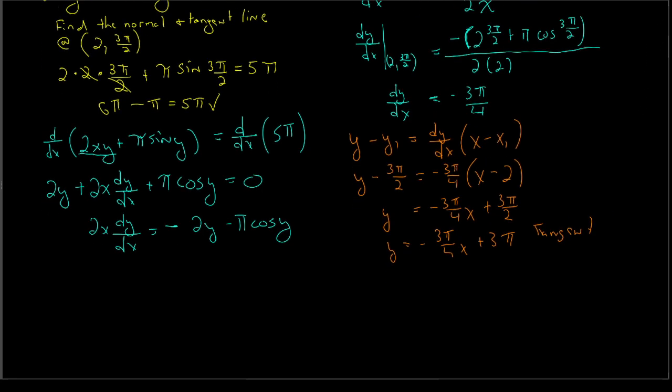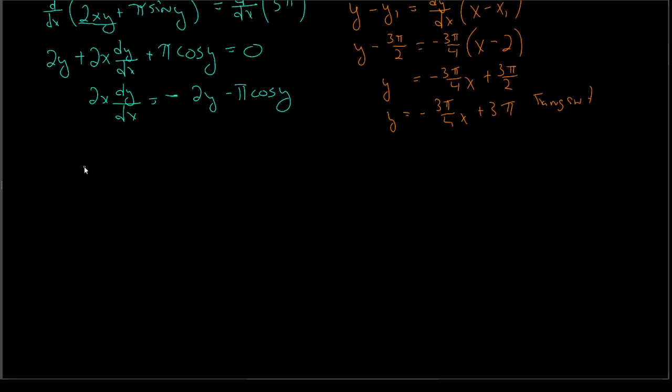To find our normal, the slope for the normal line is the negative reciprocal of dy/dx. So that's going to be 4 over 3π.